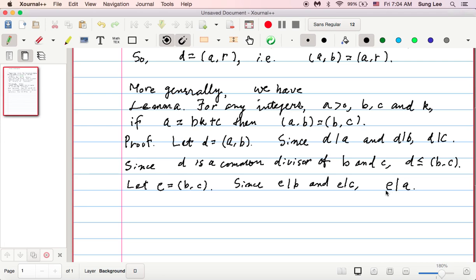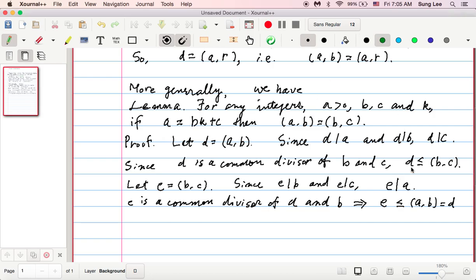So E is a common divisor of A and B. So this implies that E is less than or equal to the greatest common divisor of A and B, which is D.